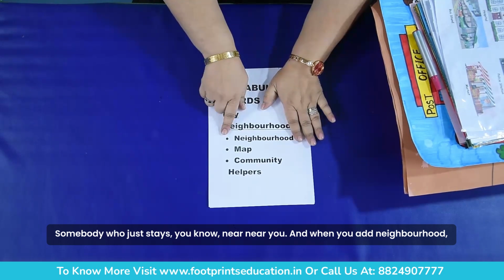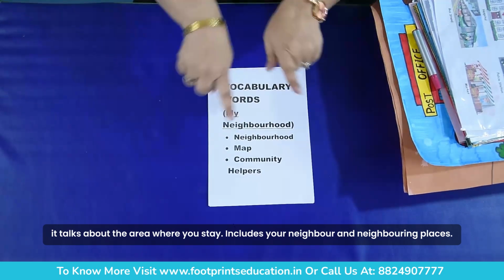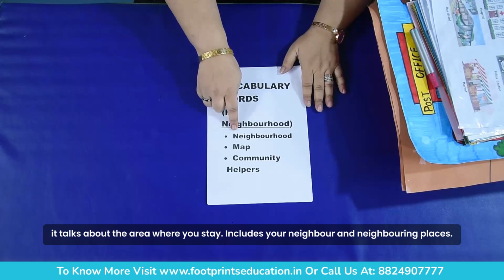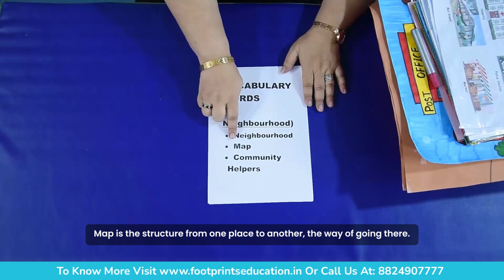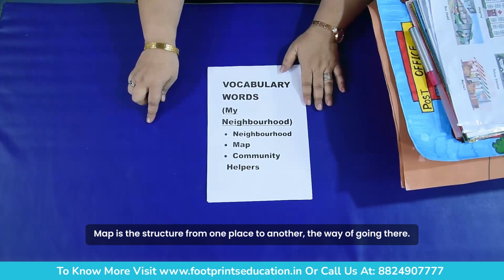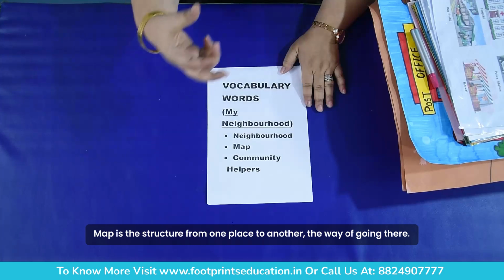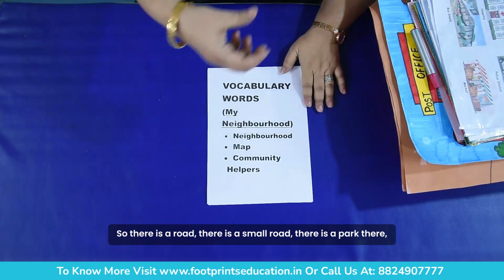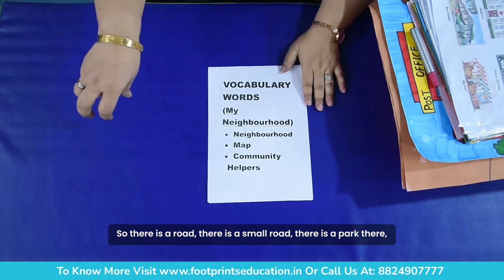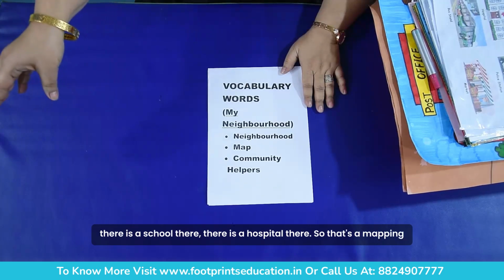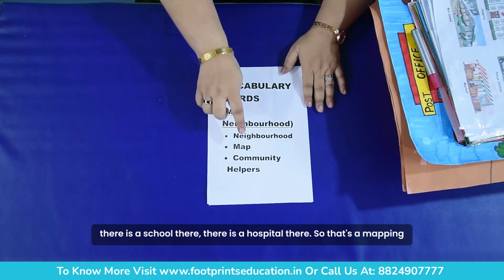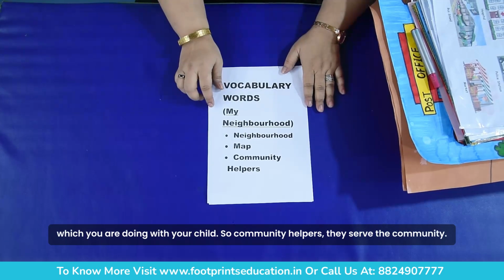And when you add neighborhood, it talks about the area where you stay, includes your neighbor and neighboring places. Map is the structure from one place to another, the way of going there. So there is a road, there is a small road, there is a park, there is a school, there is a hospital there. So that's a mapping which you are doing with your child.